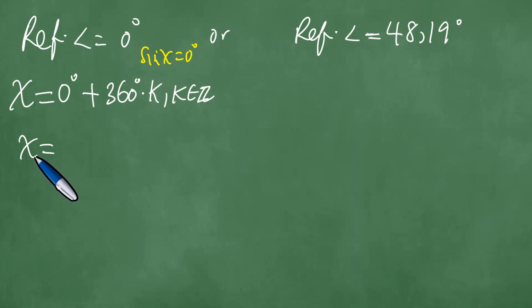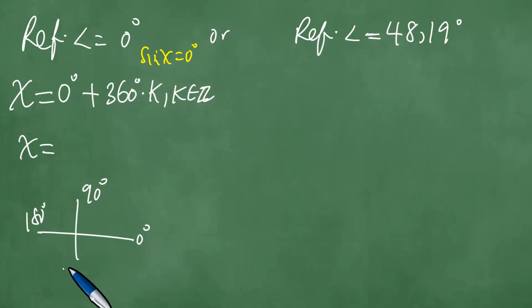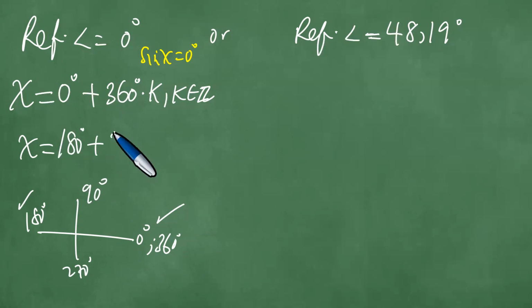But also we can have the other one. 0, 90, 180, 270, 360. Okay, so it is 0 here, but it's also 0 here at 180, meaning here we have 180 degrees plus 360 degrees times k, where k is an element of the set of integers. So the sine of 180 is 0, but the sine of 0 is also 0, and also the sine of 360 is 0.